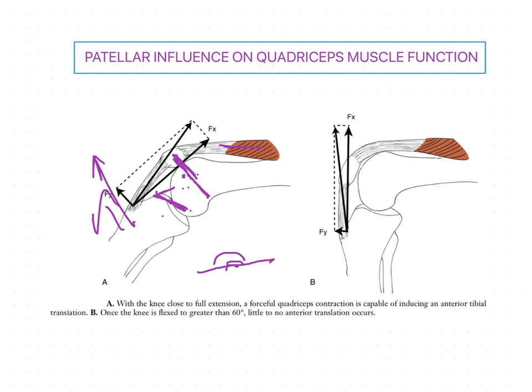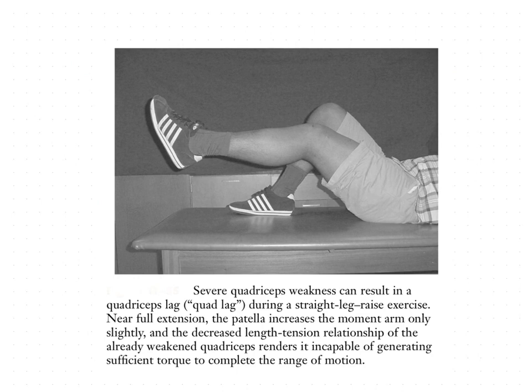Okay, if you see here, this person is having severe quadriceps weakness, and is unable to raise the leg, straight leg raise.